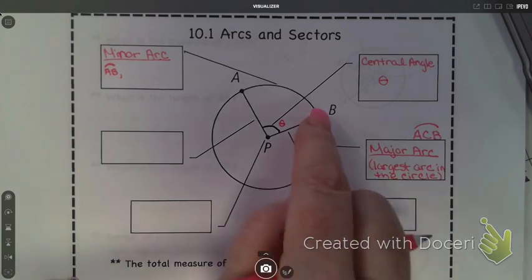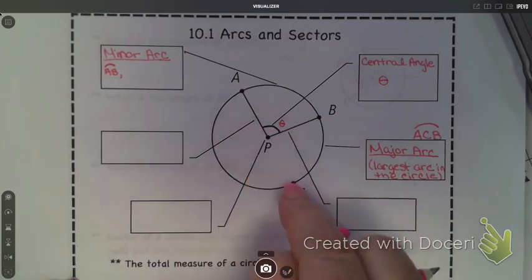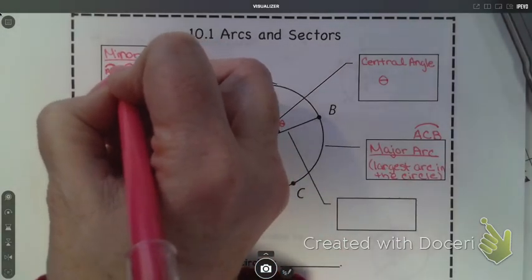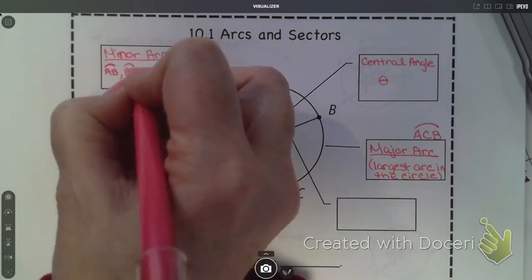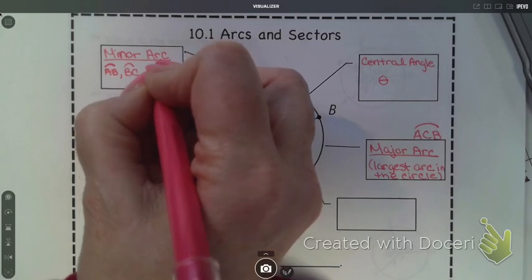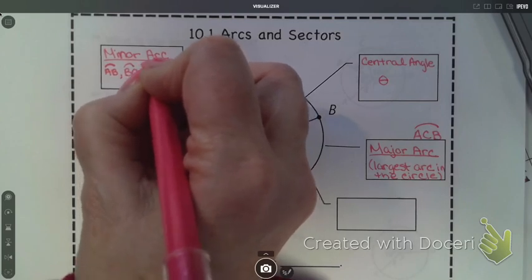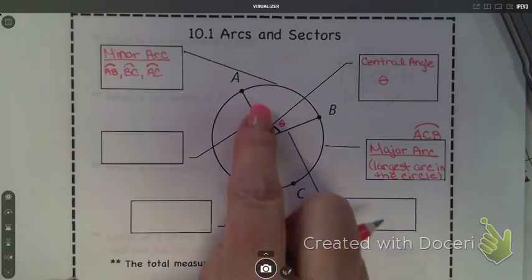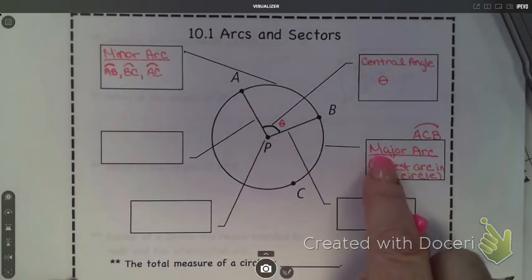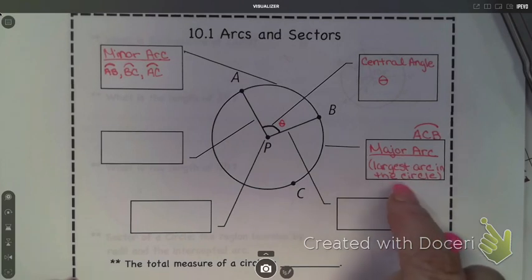Now it doesn't have a radius connecting it, but it would be another one. So we have BC. Could we have another one? Yeah, AC. So there are other possible minor arcs, but there's only one major arc because that would be the largest.